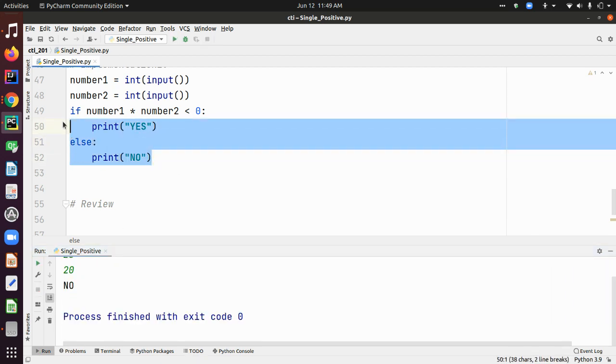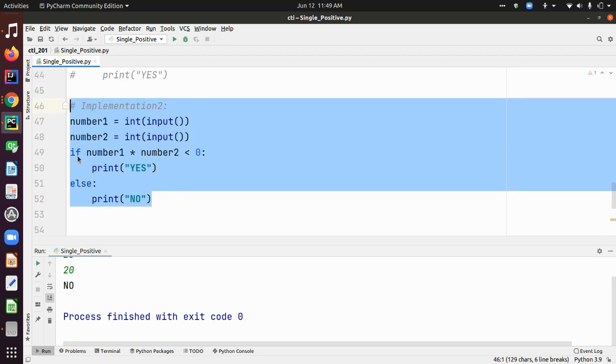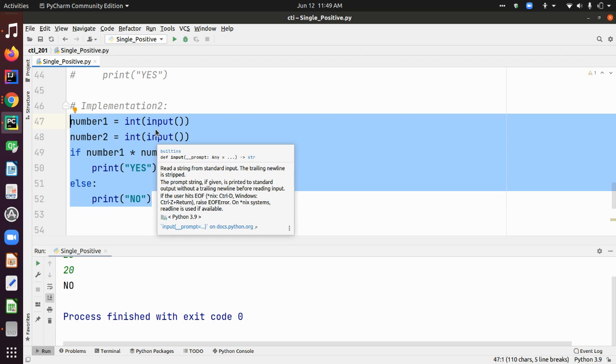So at this point, we can submit this solution. So there you go. Following the entire understanding process to solve this problem much more elegantly.